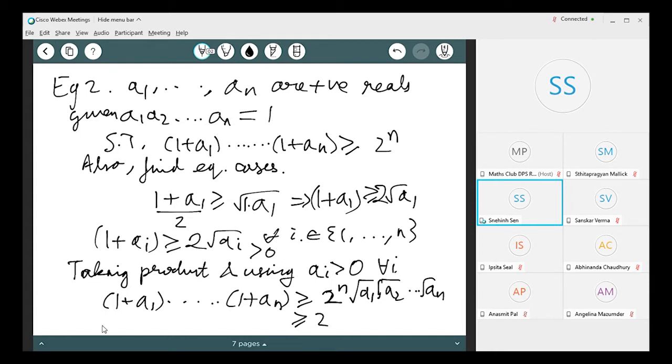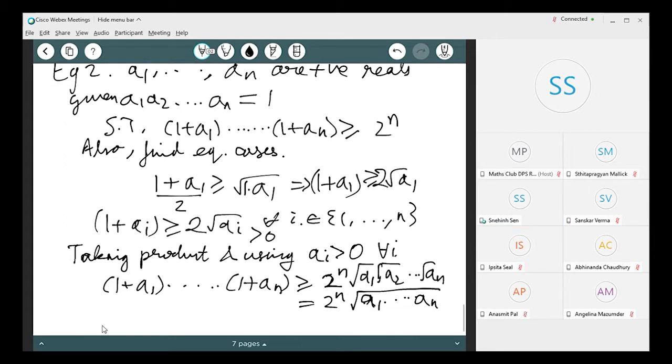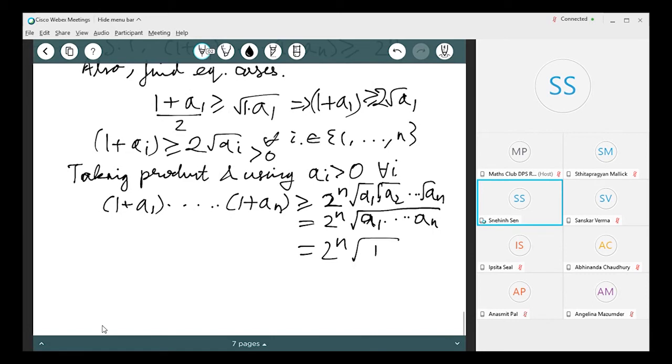So this is not greater than or equal to, rather it is equal to root of a1 a2 ... an, which is equal to root of 1. This whole thing turns out to be 1. So this is 2^n root 1, given information, which is equal to 2^n.